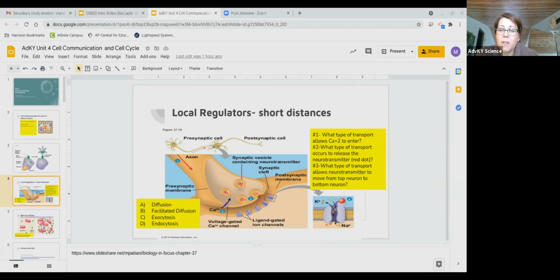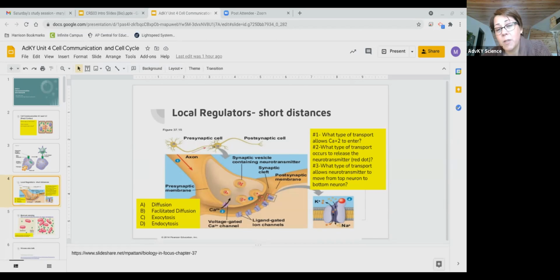Calcium is a charged ion, so it's going to need a protein channel in the membrane to get in. With this cell communication, and if you didn't get into the details about the nervous system, that's okay, sodium ions would be rushing in. Once the sodium concentration builds up down here, that's the signal for calcium to come in.